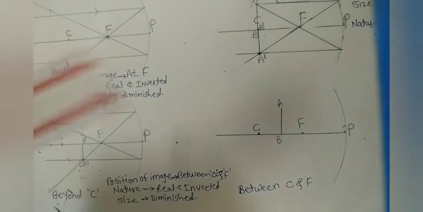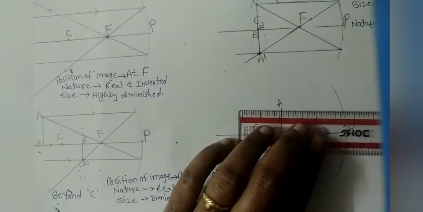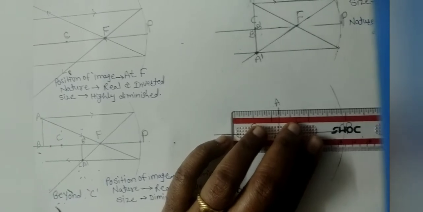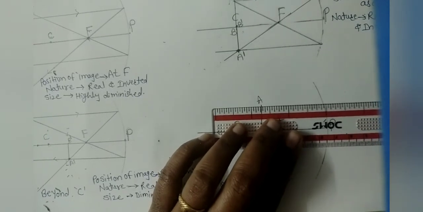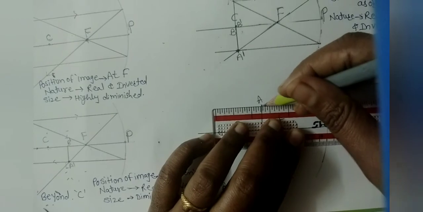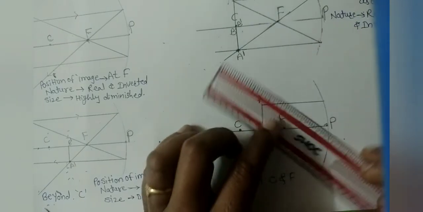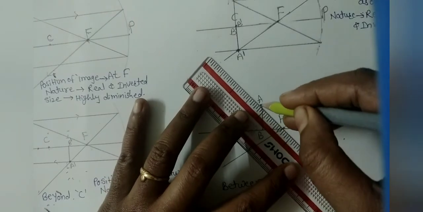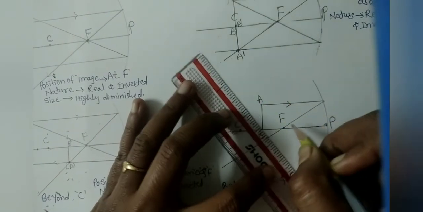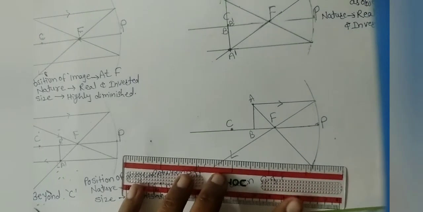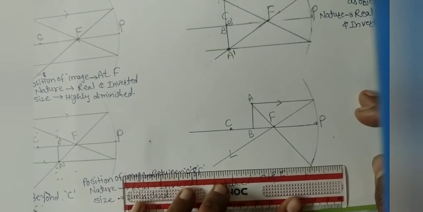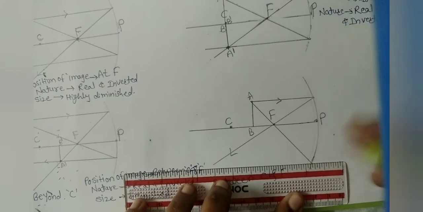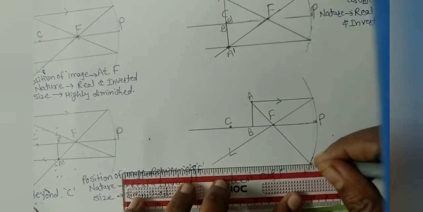So same rays we will take, one which is going parallel to the principal axis and it passes through the focus. Another ray which is passing from the focus, after reflection, it will go parallel to the principal axis.